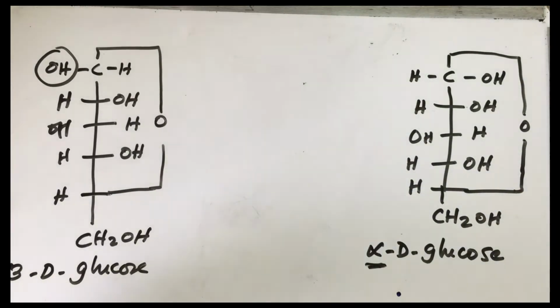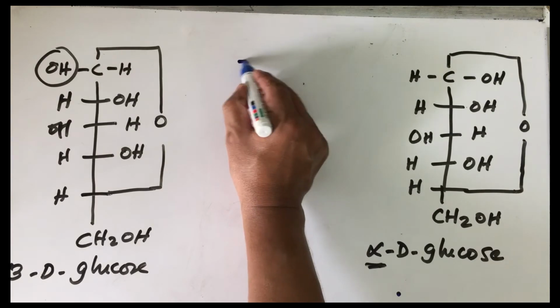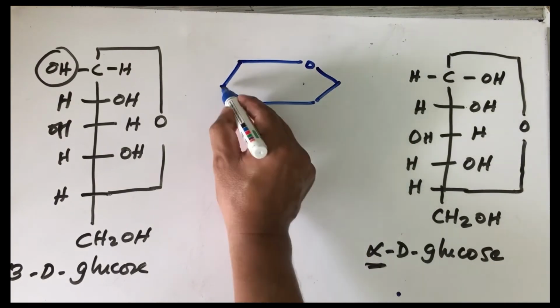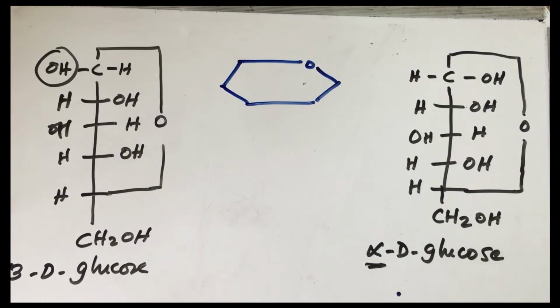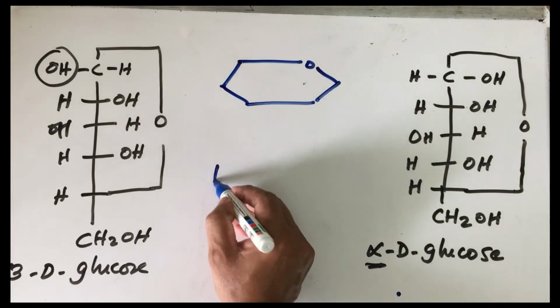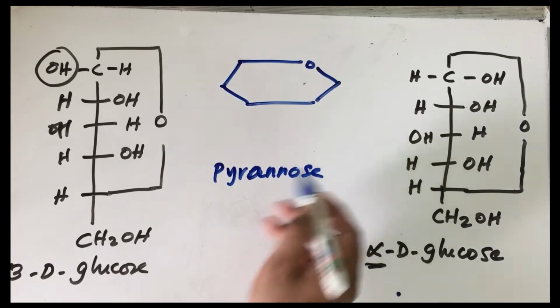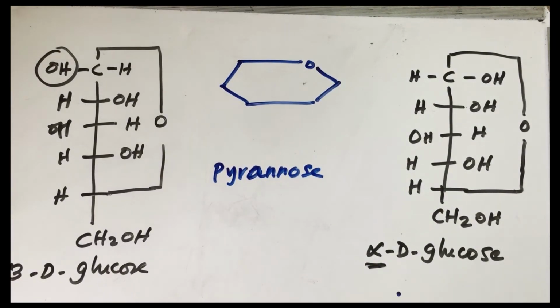So this is the ring structure it forms. This is called a pyranose ring structure. It forms a pyranose ring structure. What is important for us is how to represent these structures in the pyranose ring structure.